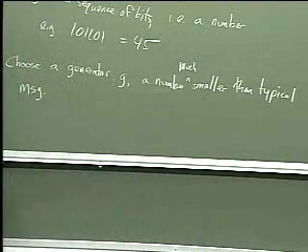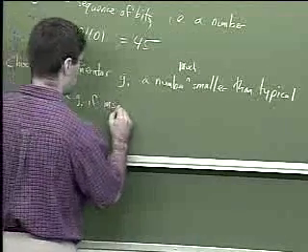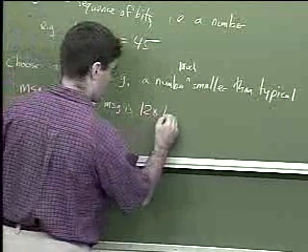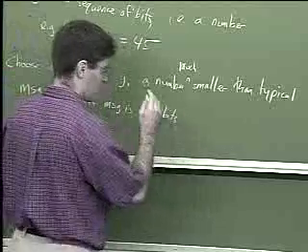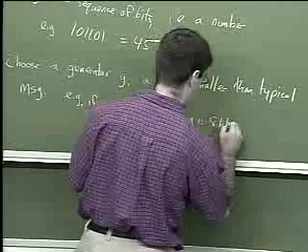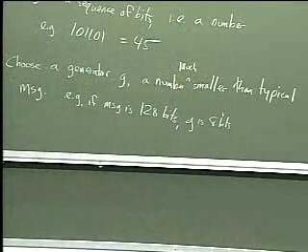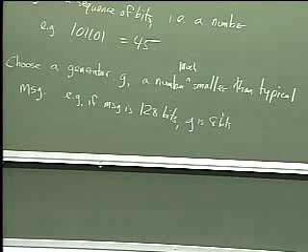So, for instance, if the message is 128 bits, G is like 8 bits. The message is some number between 0 and 2 to the 128 minus 1. G is a number between 0 and 255.